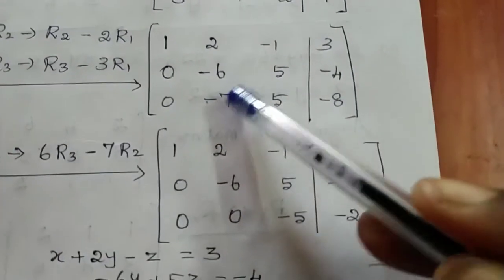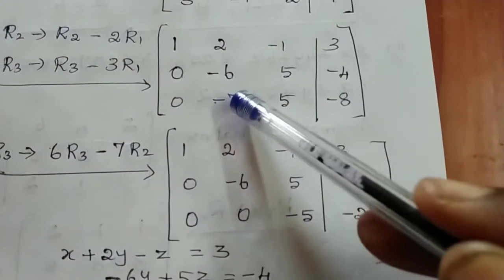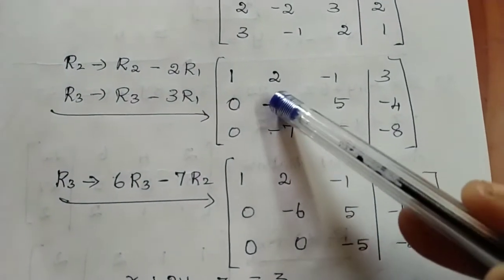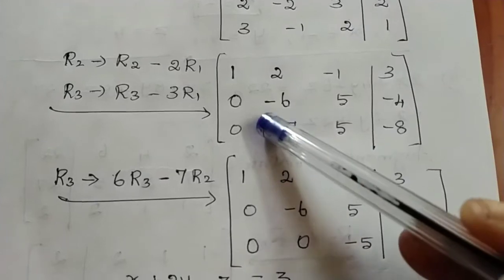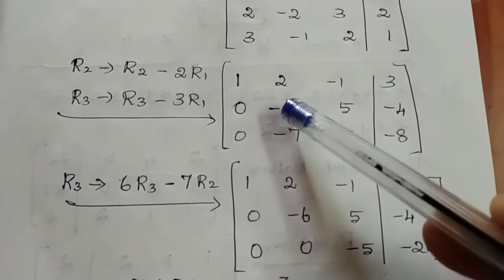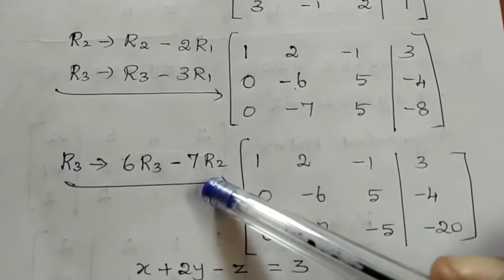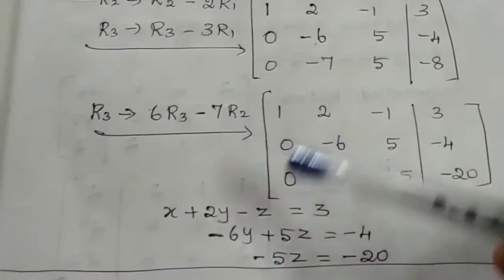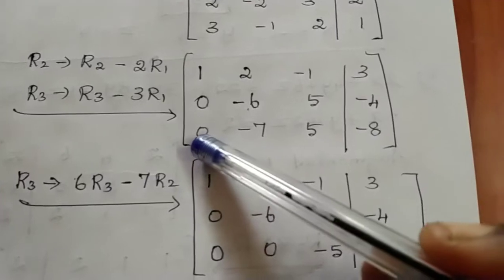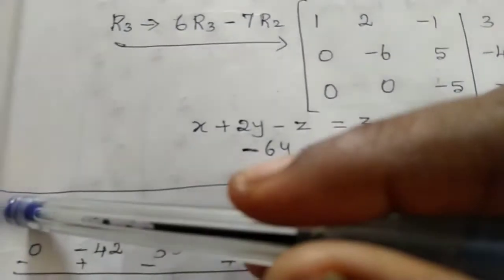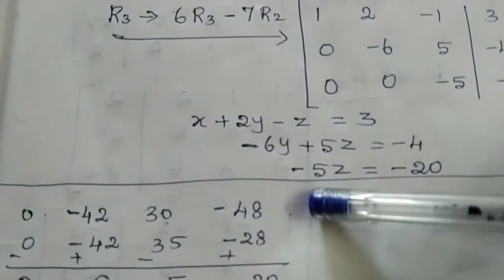Okay, next we want to make this place equal to 0. Then now this term multiplied by 6, this term multiplied by 7. Okay, 6R3 minus 7R2. Now 6R3, this term multiplied by 6, and write.